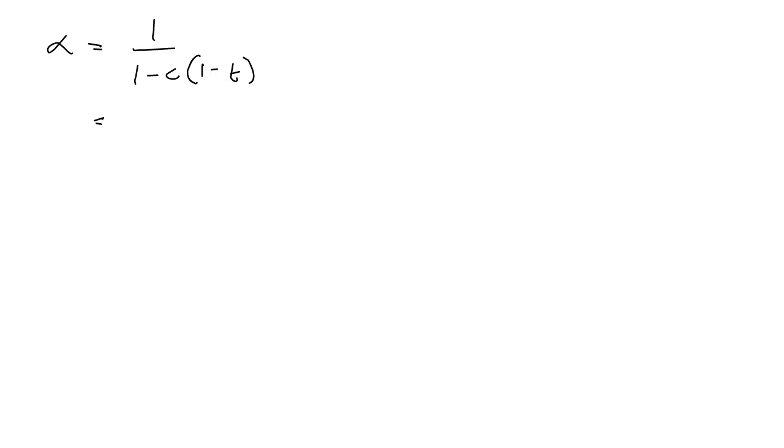So in this case, your C is 0.75, so 1 over 1 minus 0.75 multiplied by 1 minus T, and T in this case is 0.2 according to the textbook.